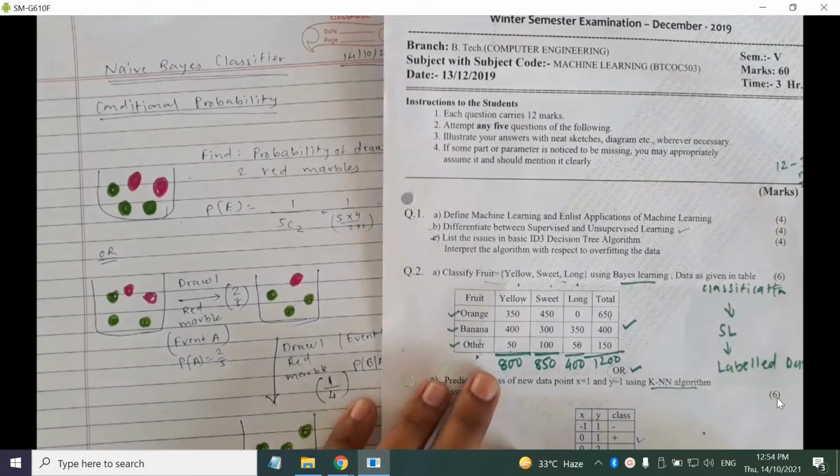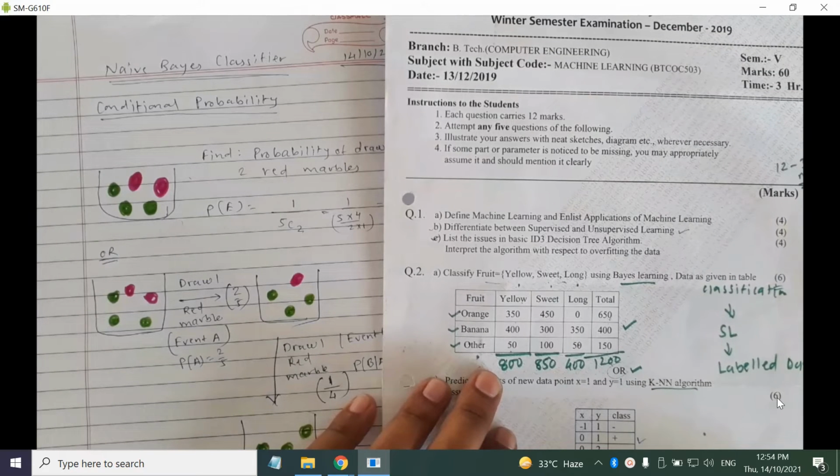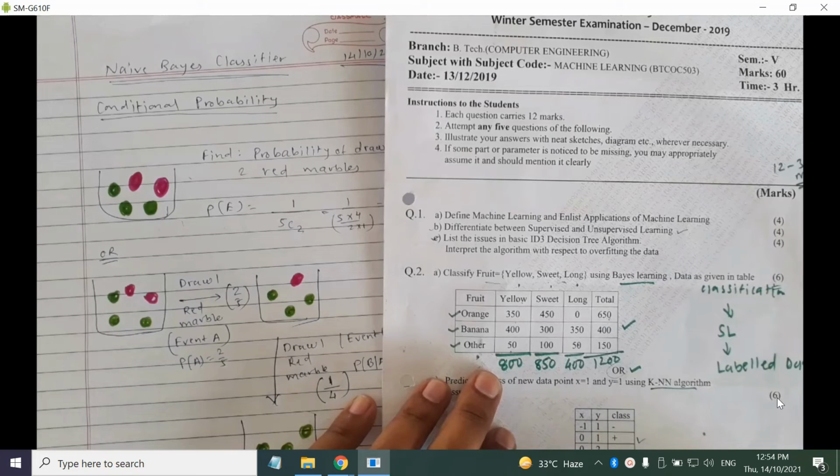Deepak? Yes, sir. So what are the classes given here? Classes कौन से हैं? Sir, orange, banana, and others.